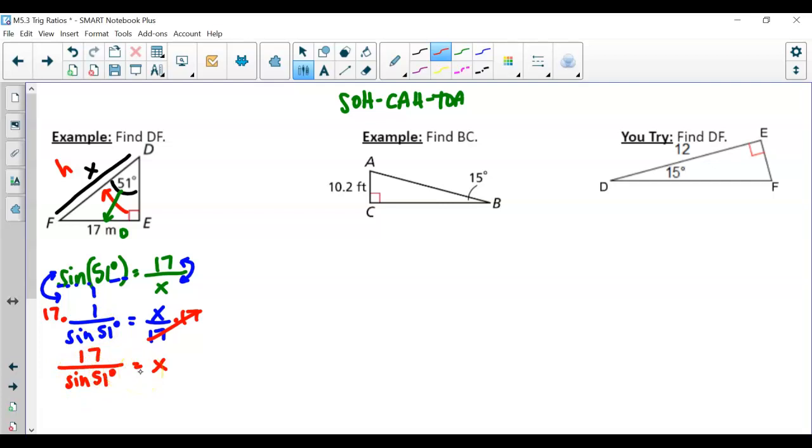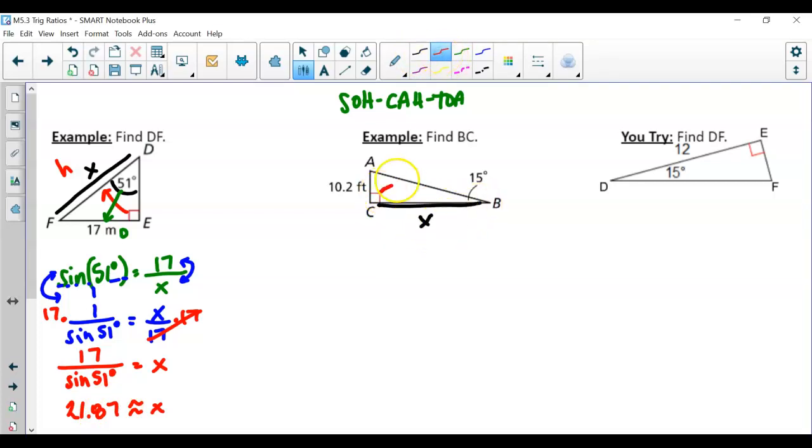So now notice, if it's the opposite, we end up having to divide. So this gives us approximately, practice putting that in the calculator, 21.87.